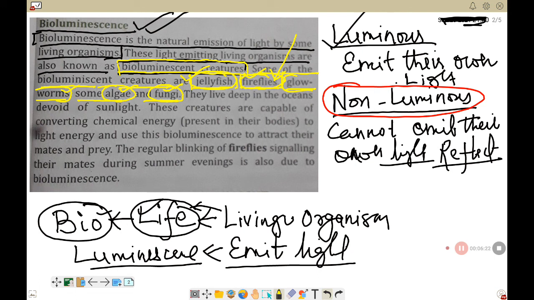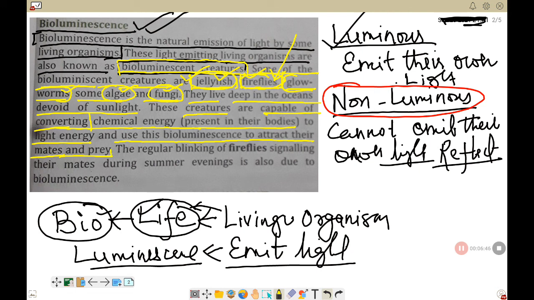Okay, now where do they live? They live deep in the oceans, devoid of sunlight. For example, jellyfish. Okay, so how are they able to produce light? So this is the process. They convert chemical energy present in their body to light energy and use this bioluminescence to attract their mates and prey.